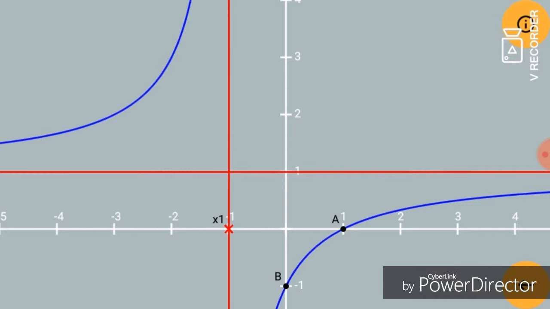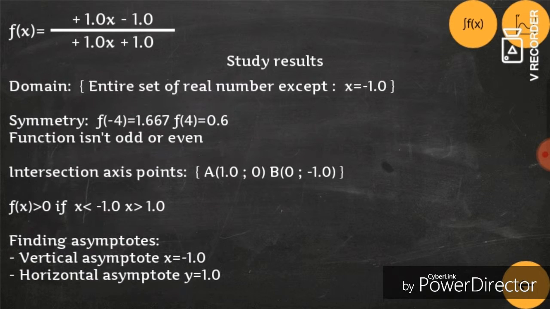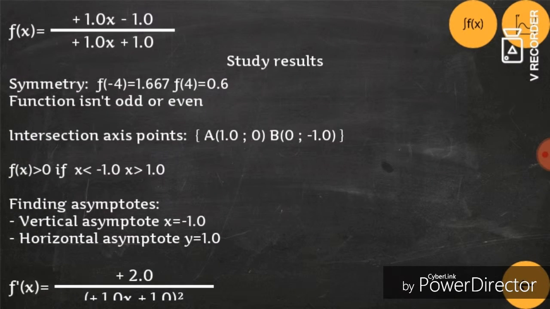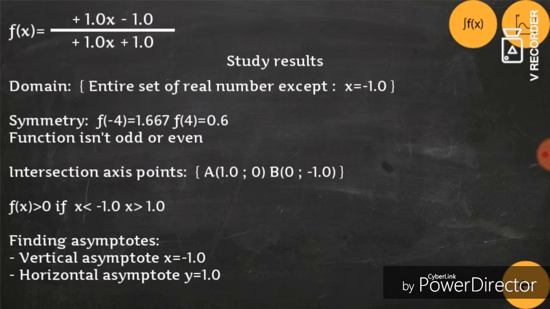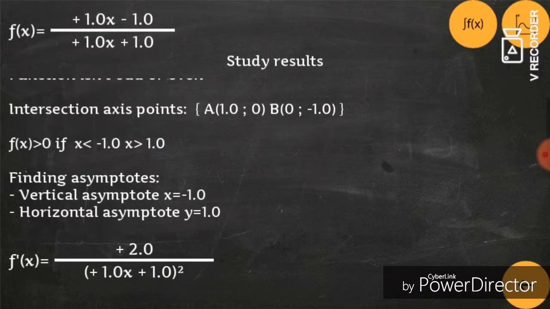Next will be the zeros. F of x is greater than 0 if x is less than negative 1 or x is greater than 1. Then lastly is finding the asymptotes. We have the vertical asymptote x is equal to negative 1 and the horizontal asymptote, which is y is equal to 1.